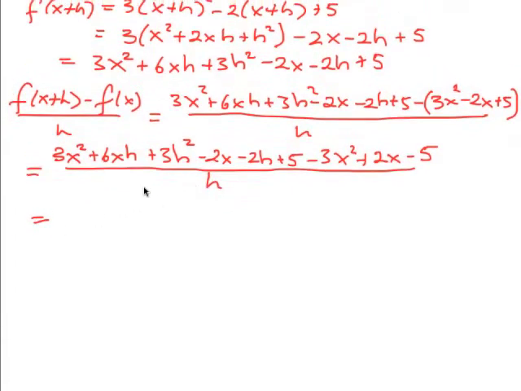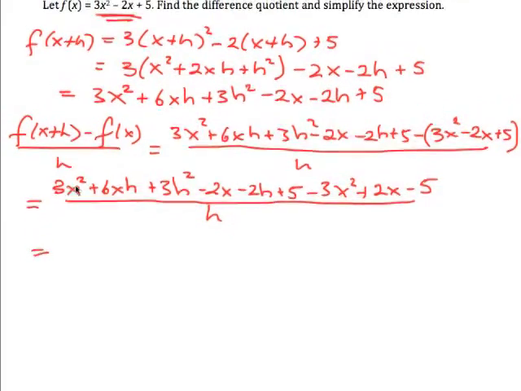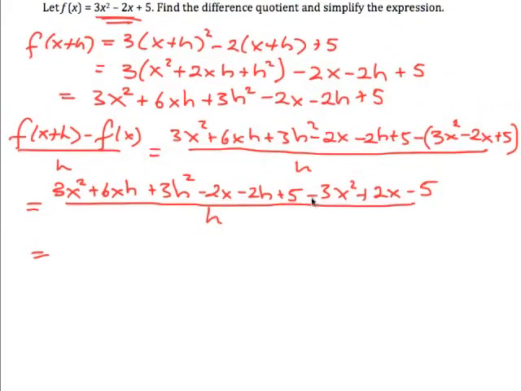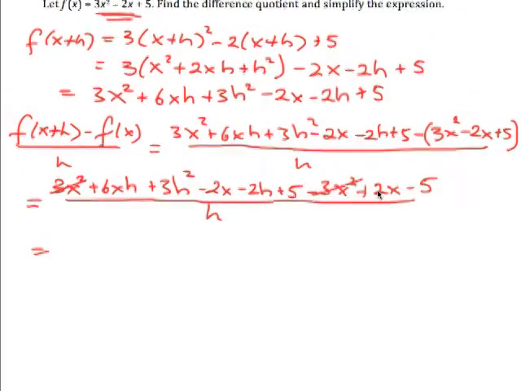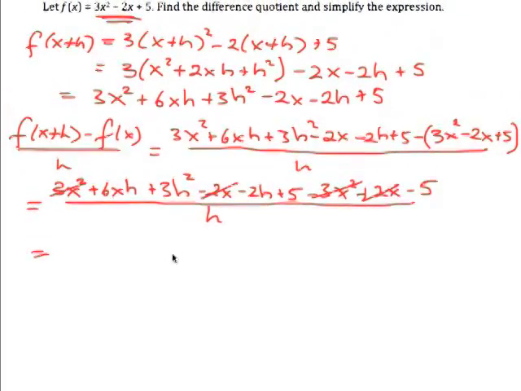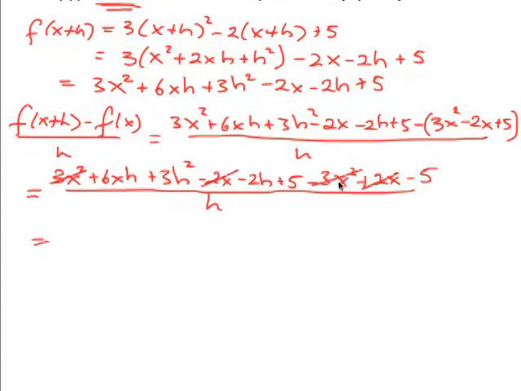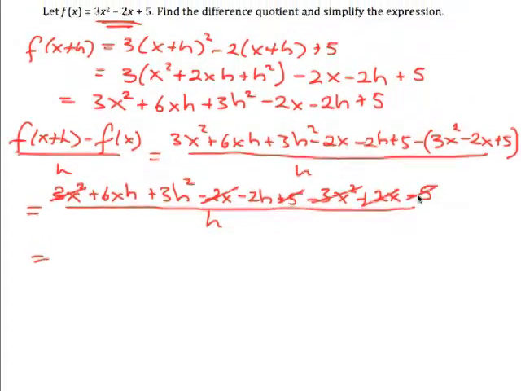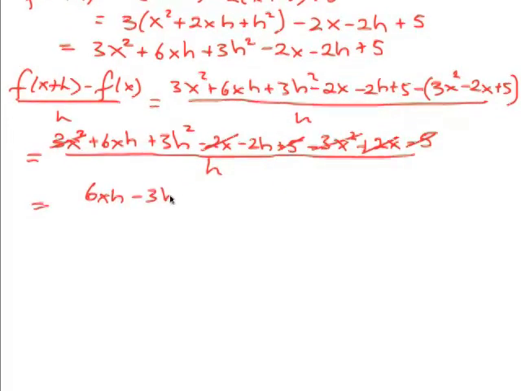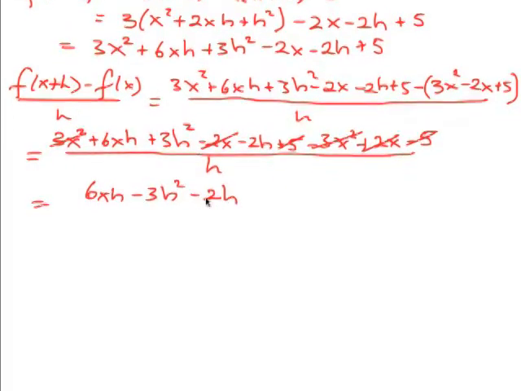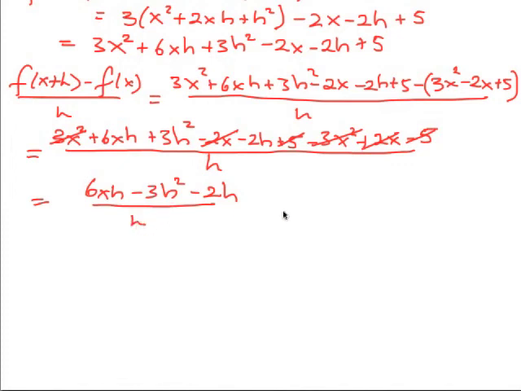Alright, now let's see what we can do here with simplifying this. Notice I have a 3x squared here, subtract a 3x squared, so that would be 0. Notice I have a negative 2x plus a 2x, that would be 0, so that goes away. We have 5, subtract 5, so that's 0, so that goes away. So I'm left with 6xh minus 3h squared minus 2h, all divided by h.